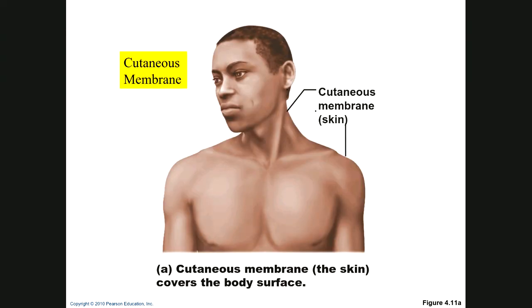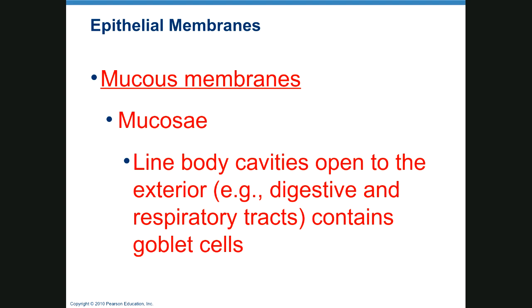We have already seen one type of membrane, the serous membranes, which are found lining the interior of cavities and the surface of organs. The cutaneous membrane is essentially the skin, made of epithelial tissue and connective tissue underneath. Mucous membranes are found lining body cavities open to the exterior, like the digestive and respiratory tracts.